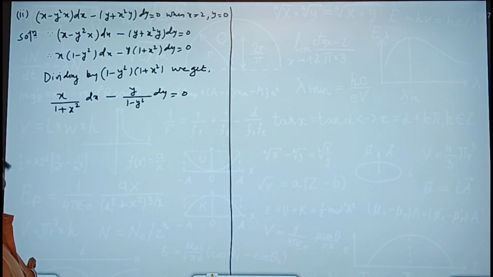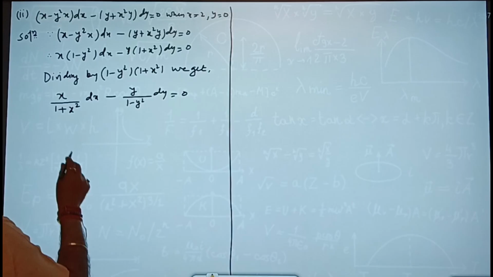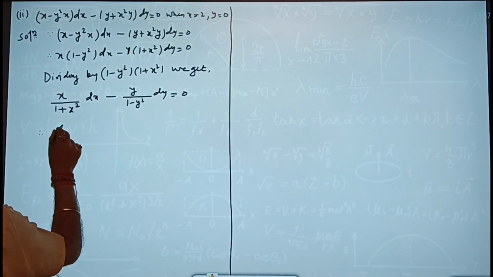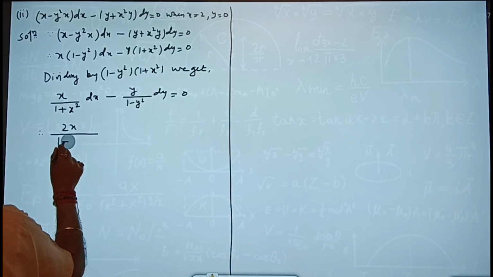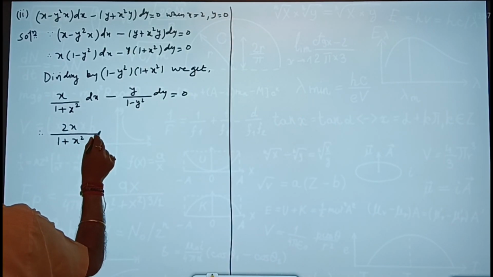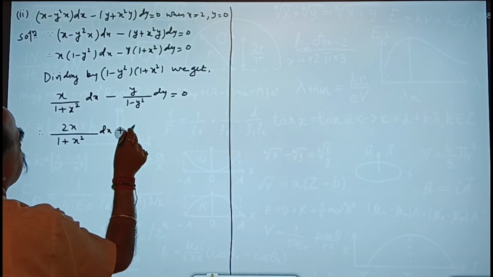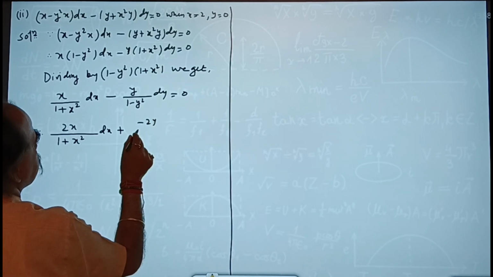Before integrating will multiply through by 2, because derivative of delta is what, 2x, plus minus 2y upon.